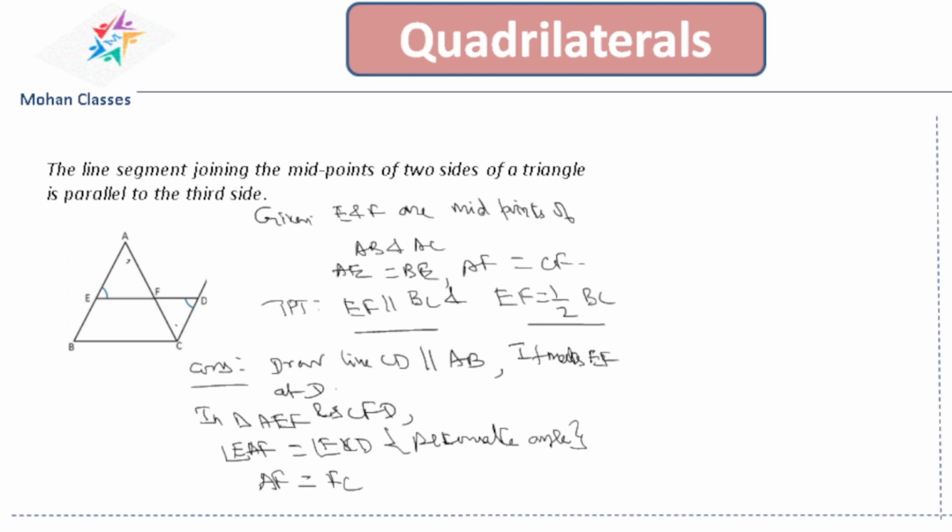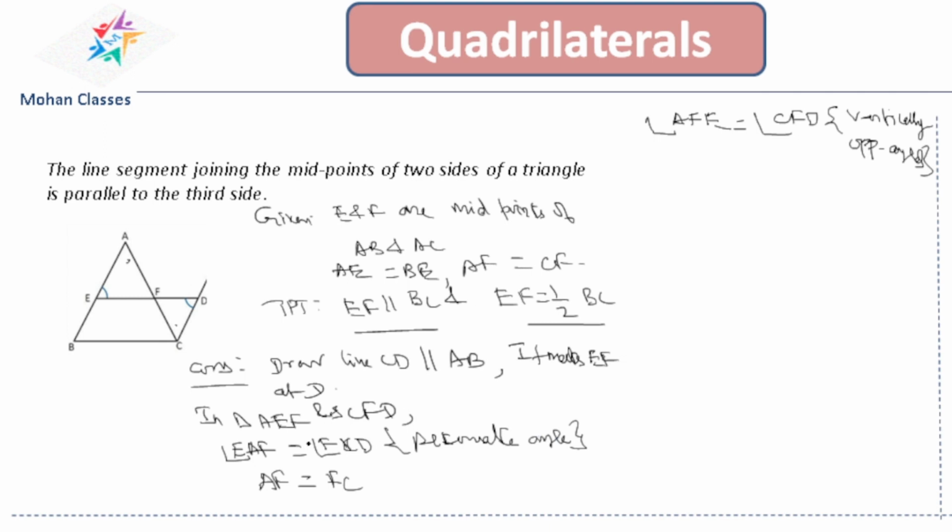And then similarly, angle AFE is equal to this angle. Why? Vertically opposite angle. Angle AFE is equal to angle CFD, vertically opposite angle.